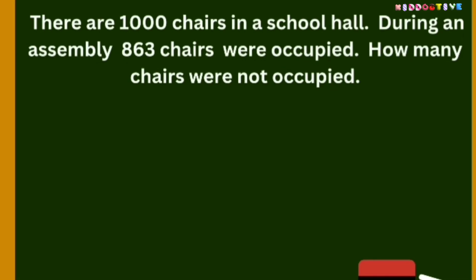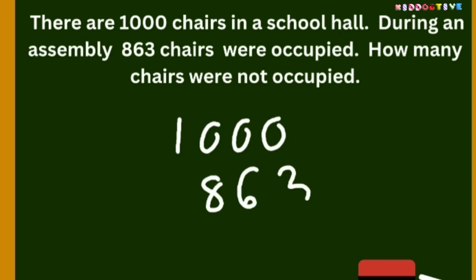There are 1,000 chairs in a school hall. During an assembly, 863 chairs were occupied. How many chairs were not occupied? There are 1,000 chairs. During an assembly, how many were occupied? 863 occupied. That many people did not come to the school hall.